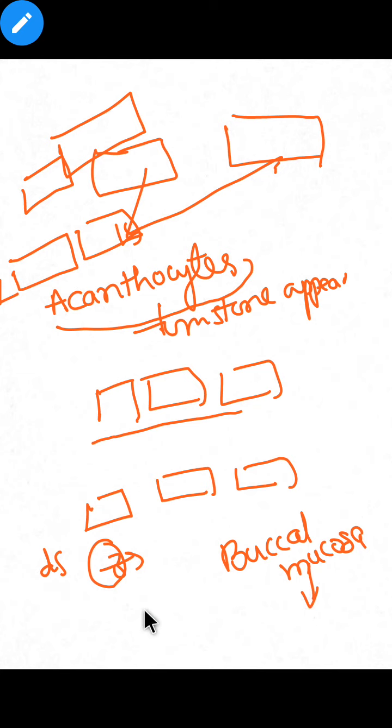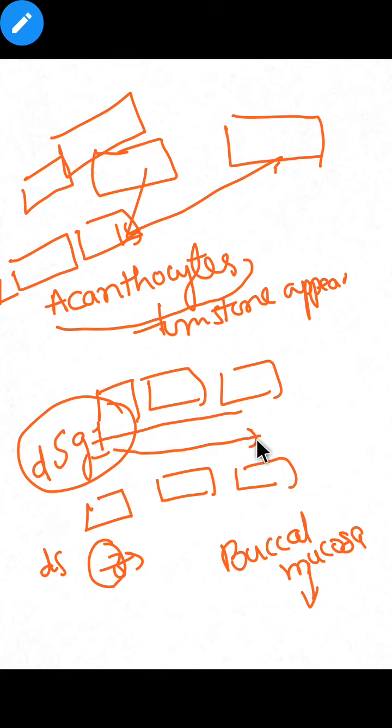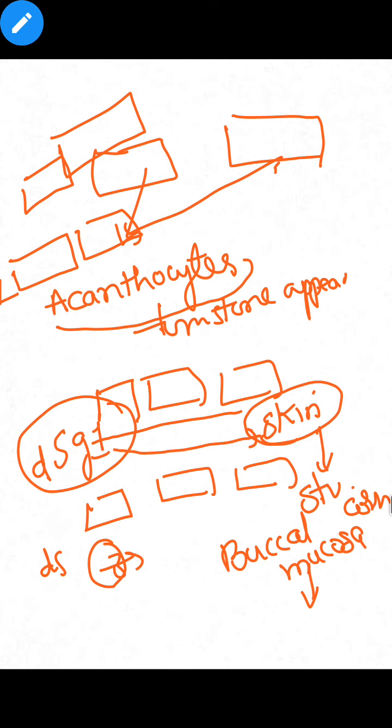Later on, if the disease progresses, even desmoglein 1 will also be destroyed. This desmoglein 1 is present mainly in skin, especially in the layers of the epidermis, mainly stratum corneum.